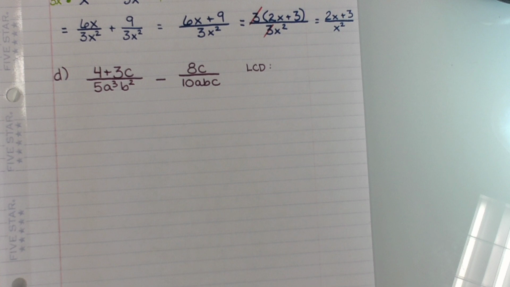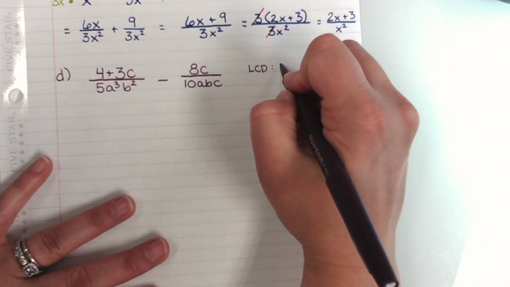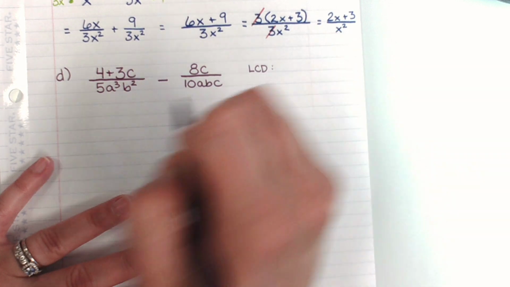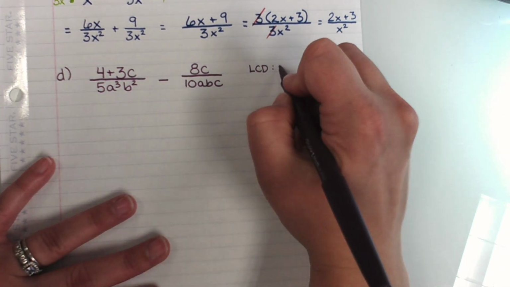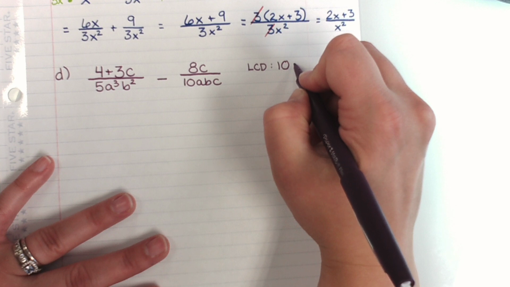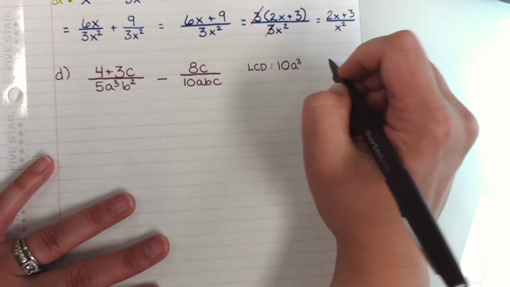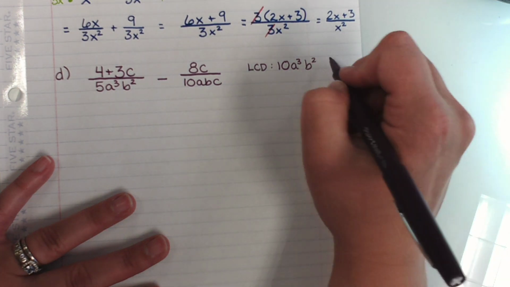5a cubed b squared and 10abc. Smallest thing they both can become? 10. a cubed, b squared, c.